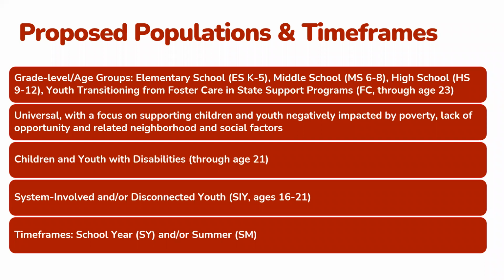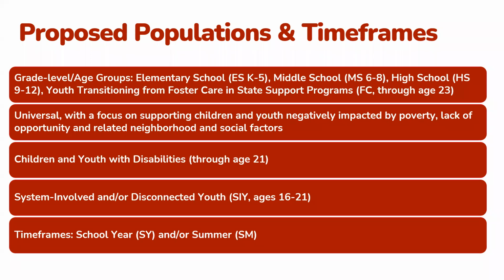There's a high school 9 through 12. And there's also an option for youth transitioning from foster care in state support programs, which is the FC, and that's age 23. So again, in the application, you'll see all these different abbreviations, and what you select in the beginning is what's going to trigger to have different options across the application.